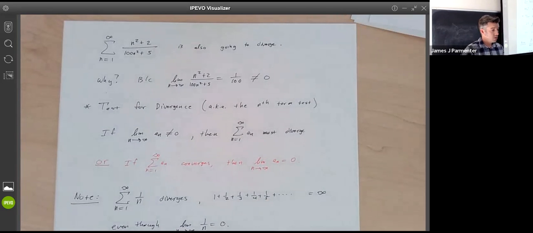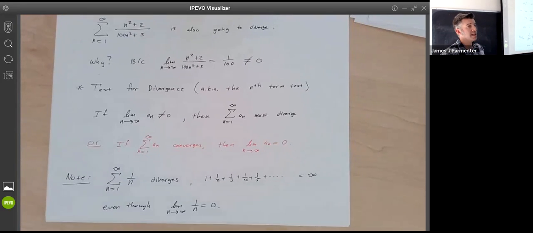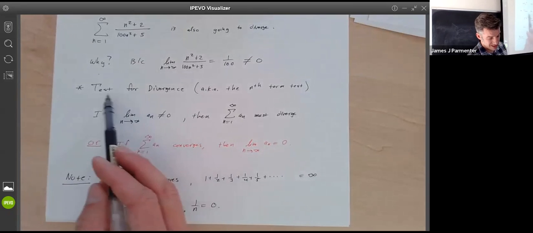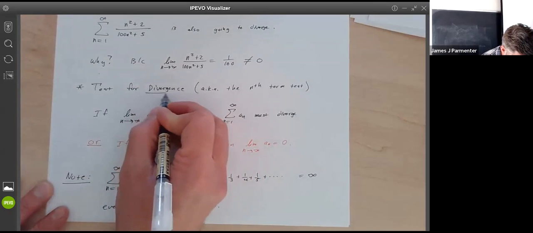So when you're thinking about whether a series is convergent or divergent, the sequence has to have a limit of 0 for the series to converge, but that's not enough. The limit of the sequence can be 0 and the series can still diverge. That's why it's called the test for divergence.